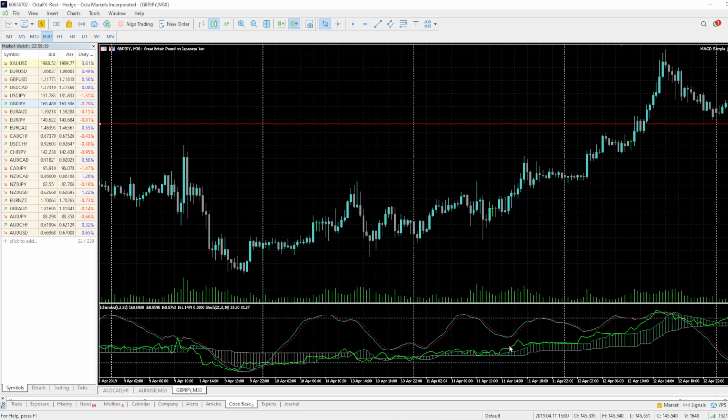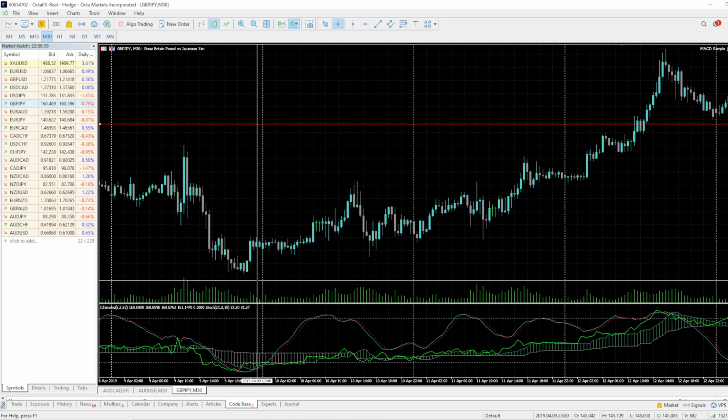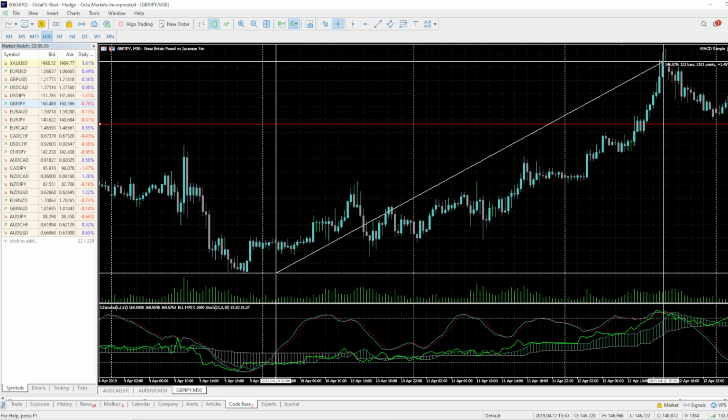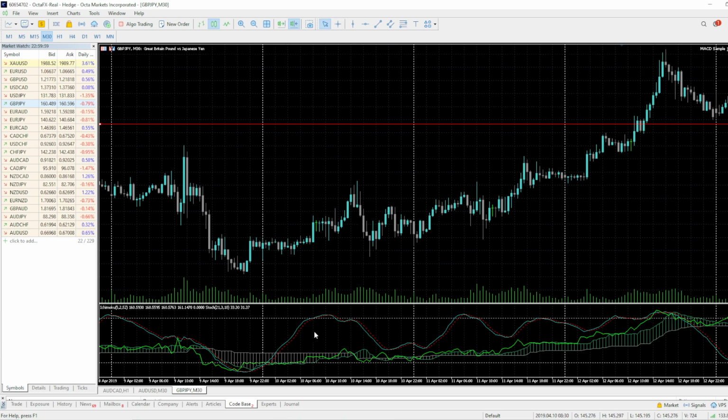Okay, and then if you see right at this point, it's like a long term. I'm going to tell you now, right in this area, from this region all the way to the top. Why is that? Because the stochastic exits from the cloud.